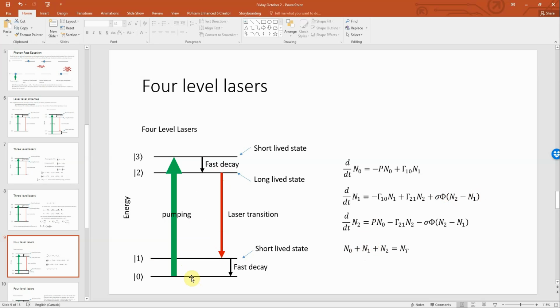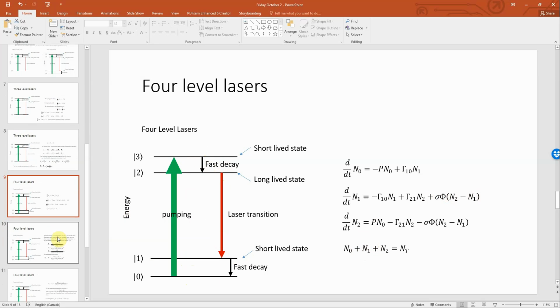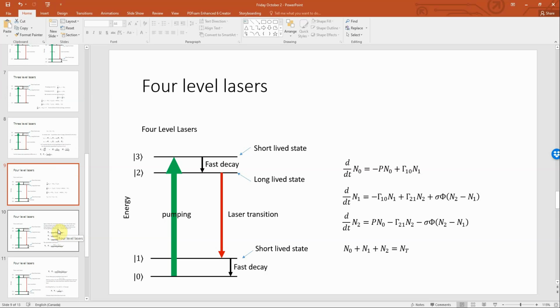And the total population will be the sum of these 3 states. Again, we approximate that this upper state is close to 0 because it's such a short-lived state.